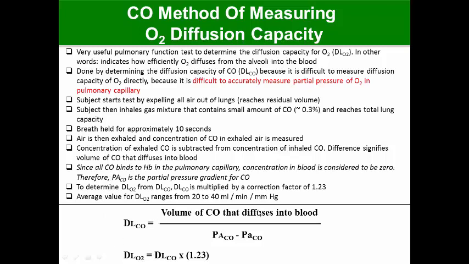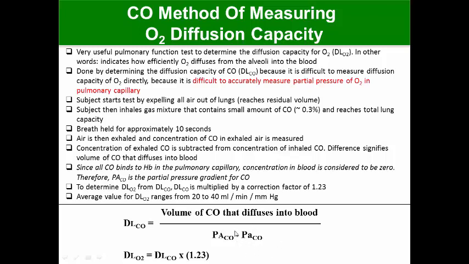Now this is the equation which we use to measure the diffusion capacity for carbon monoxide: the volume of carbon monoxide that diffuses into the blood, and we know this, divided by the partial pressure of carbon monoxide in the alveoli minus the partial pressure of carbon monoxide in the arterial blood. And we have agreed that this is approximately 0.